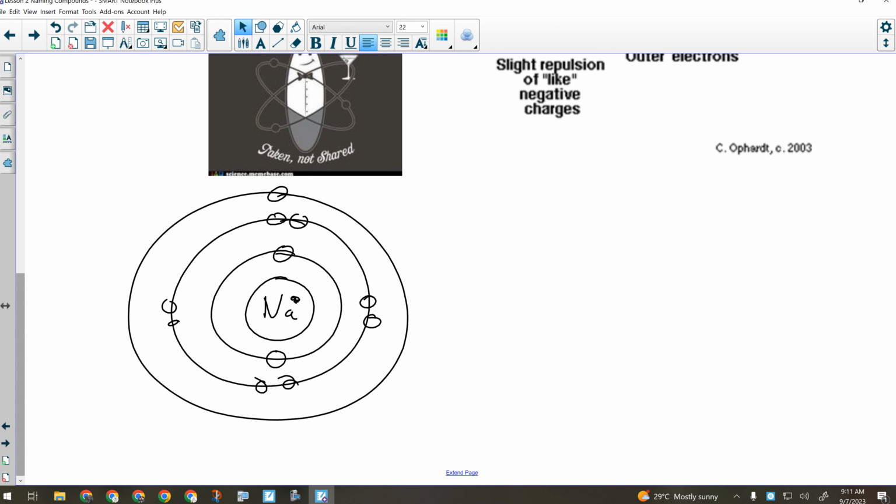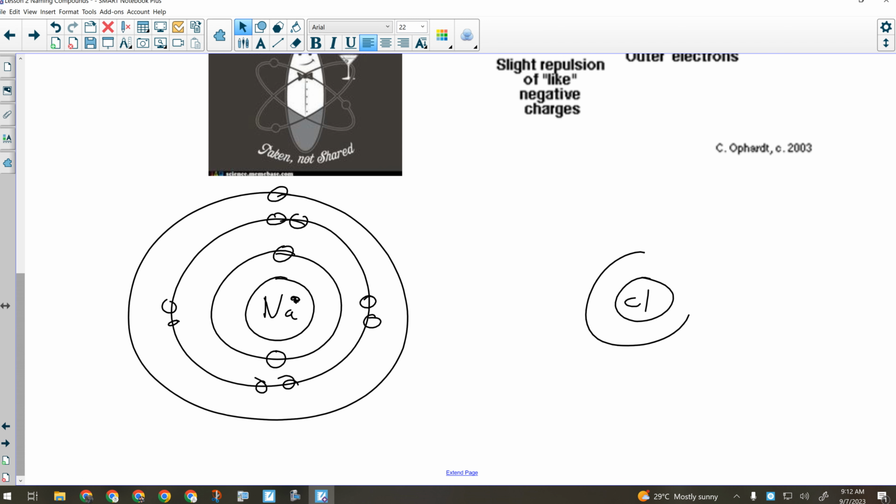So for sodium, the quickest way to fill its outer shell is to dump the single electron that's in that outer shell and then use the shell below it as the full shell, rather than pick up 7 more. Chlorine makes a good pairing for sodium because chlorine has 17 electrons.